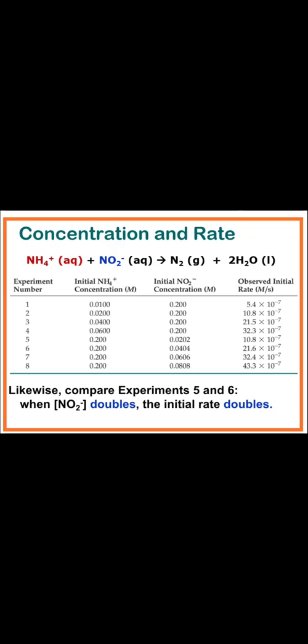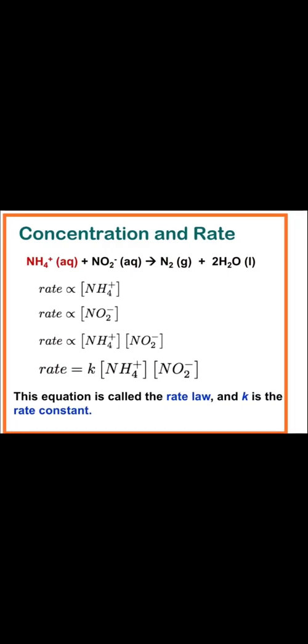That is, when NO2 minus doubles, the initial rate also doubles. Compare experiment number 5 and 6 through this table. So whenever the concentration of NH4 plus doubles, the rate of reaction also doubles. Whenever the concentration of NO2 minus doubles, the rate of reaction also doubles. That is, x is equal to 1 and y is equal to 1.